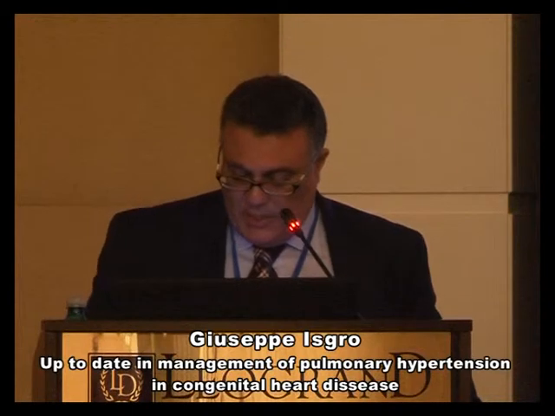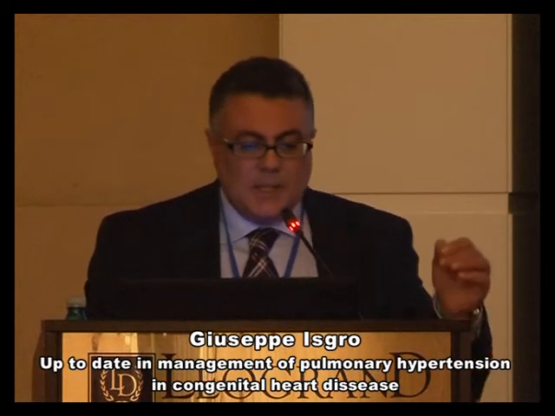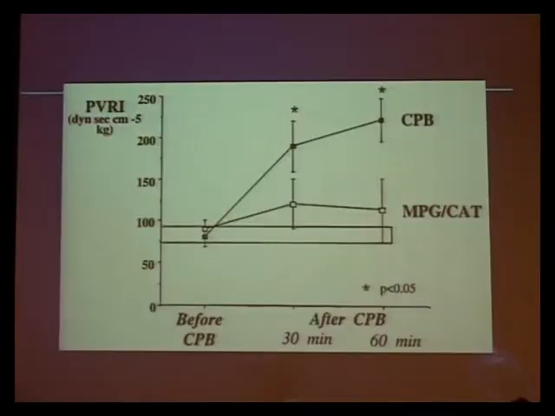In fact, in this paper, they studied 12 piglets. 6 of them received preoperatively mercaptopropionyl glycine and catalase that release the cells, release the muscle. And they noticed that there is a reduction in pulmonary vascular resistance in those piglets treated with respect to the other piglets that were not treated.